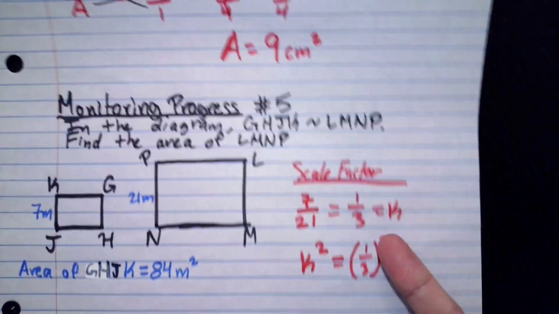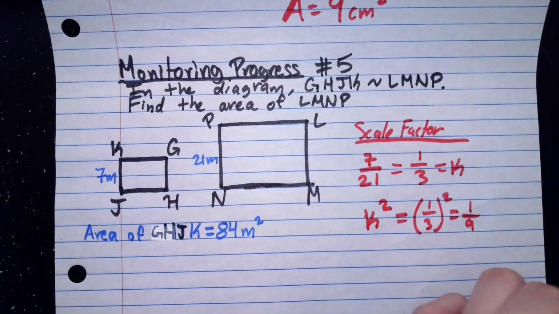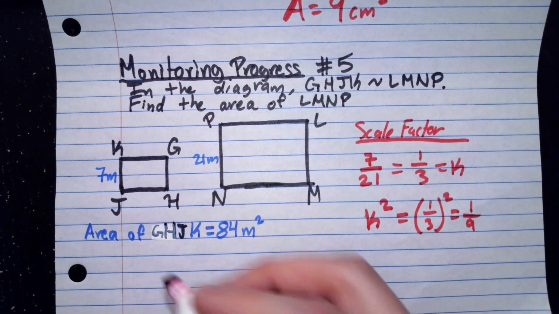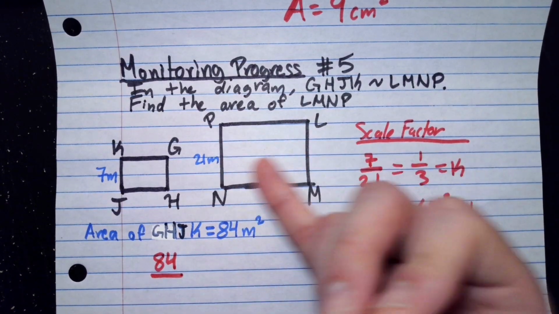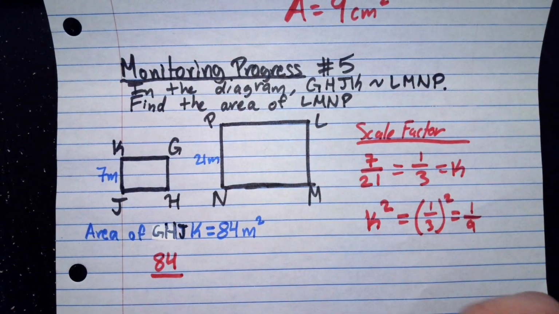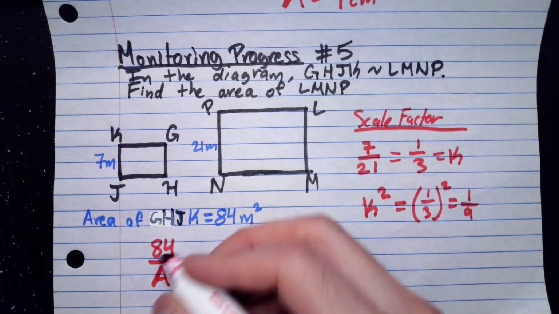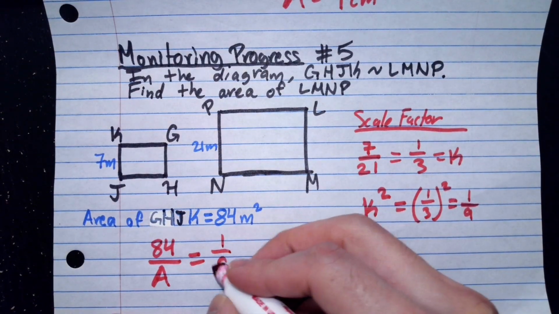Over here we have little on top, big on the bottom. So we're going to do the area of the little one, which they gave us, was 84, divided by the area of the big one, which we don't know. Once again, I'm going to give it an A for area. And that has to be equal to k squared, which we already figured out was 1 over 9.